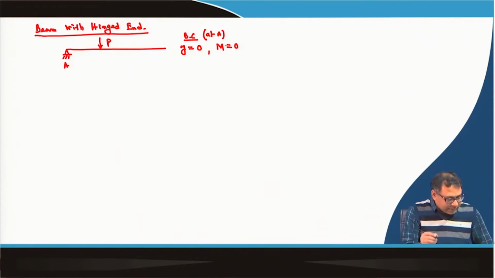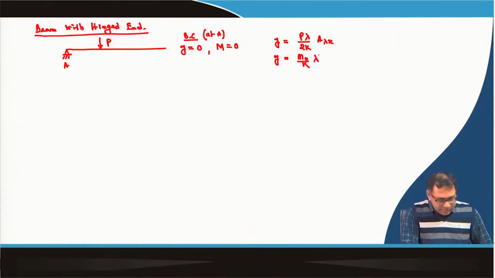But we know, as I have already given this expression, the deflection at any point due to load P is P lambda by 2k into A lambda x, and due to moment the deflection will be equal to M0 by k lambda square B lambda x.